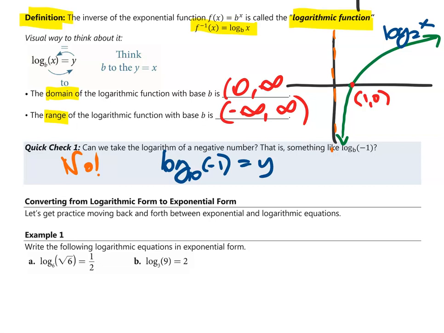If we switch this to exponential, 10 raised to y, is this equal to negative 1? Can you find the number y such that 10 raised to that number is equal to negative 1? There is actually no solution.